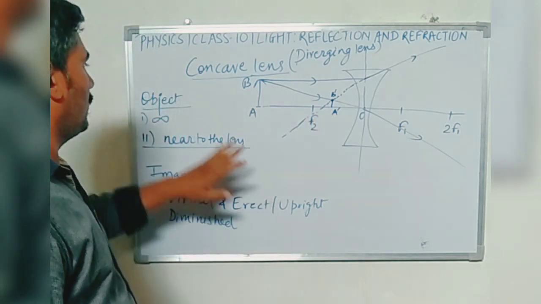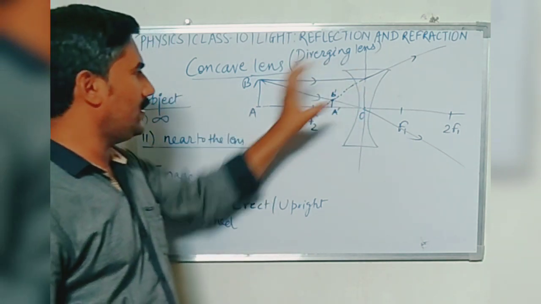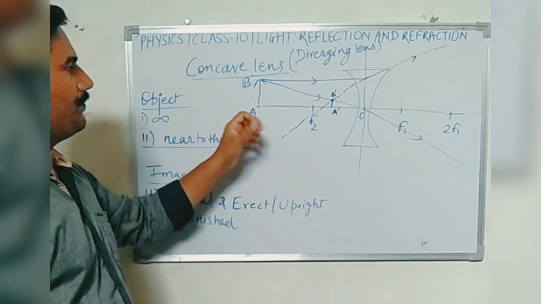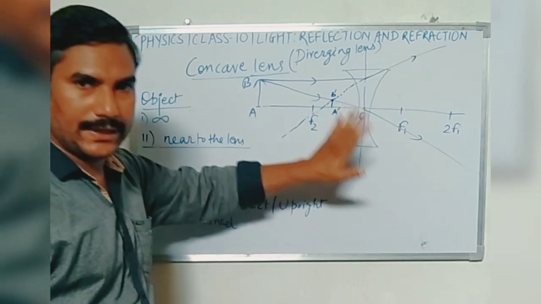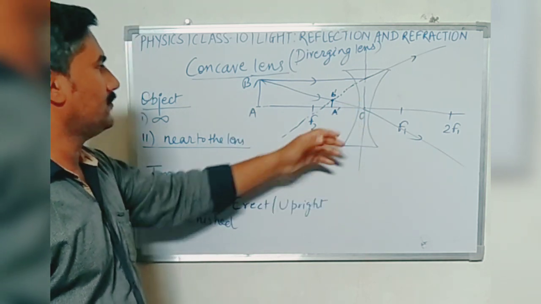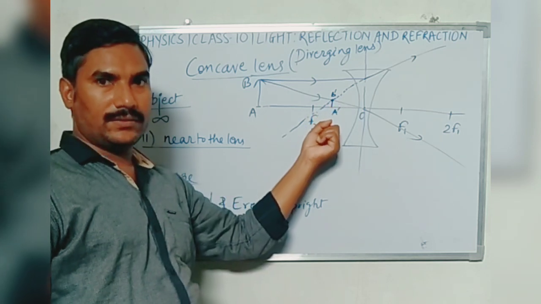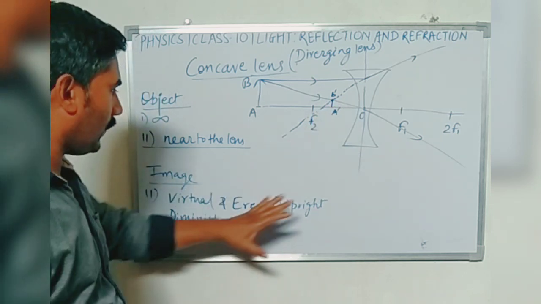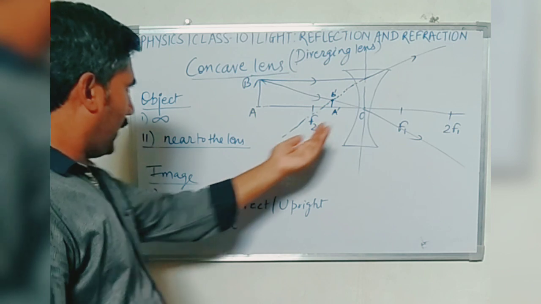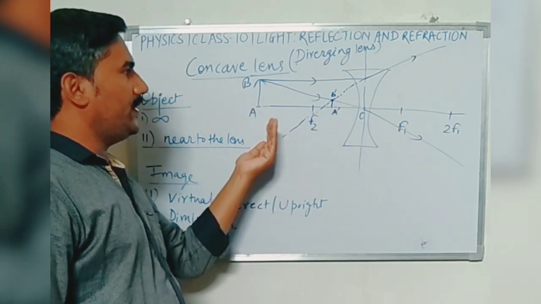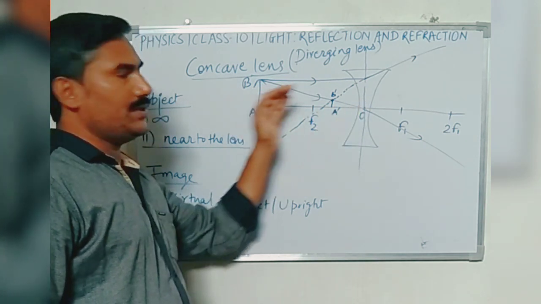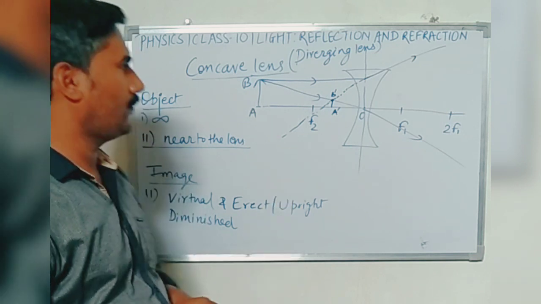So we have discussed that when the object is near the lens or near the optical center, the formation of the image in case of concave lens is virtual and upright, just on the side of the incident ray of light.